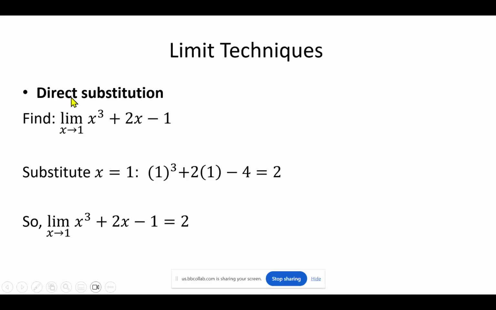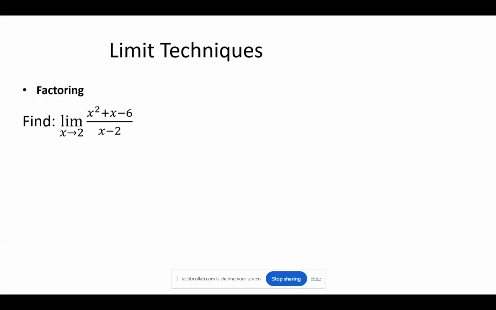The question is, find the limit when x approaches 1 of x cubed plus 2x minus 1. Well, substitution means substitute the x with 1. So you plug in the 1, and the answer is 2, which means the limit is 2. Often it is as easy as that. I always recommend to start with substitution, and if it doesn't work, then you try something else.